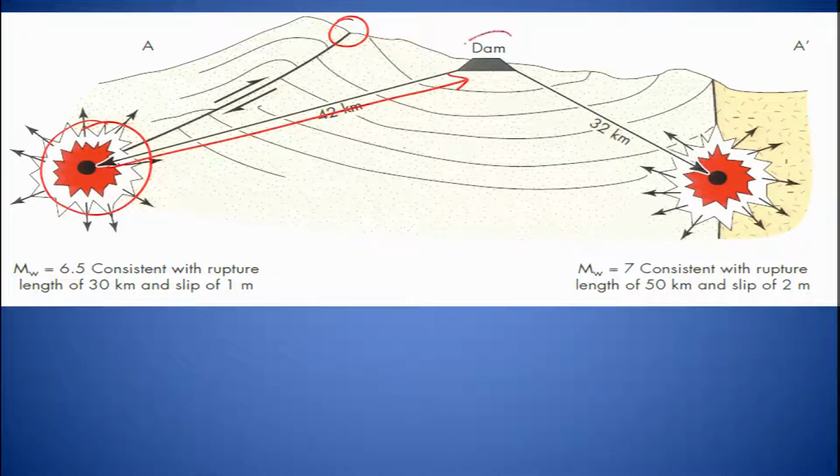For example, here it has been shown as a dam, but it could be any site you are interested in, about the settlement, that we will take into consideration. Of course, along with that we also take into consideration the distance between the source and the site of our interest.